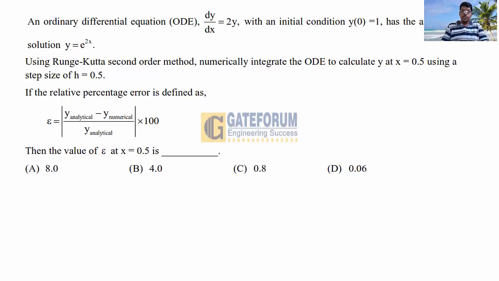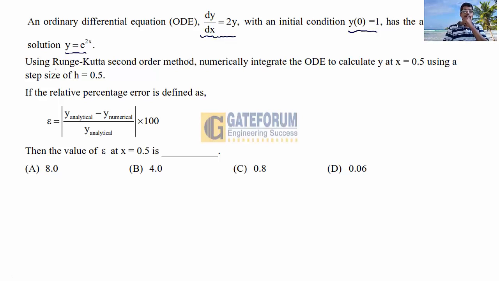The solution is from the first order differential equation, usually dy by dx is equal to f of x comma y. Here 2y is nothing but the function of x comma y. From this, y naught value is 1, x naught value is 0. This is the exact solution. Analytical solution is also called direct or exact solution.